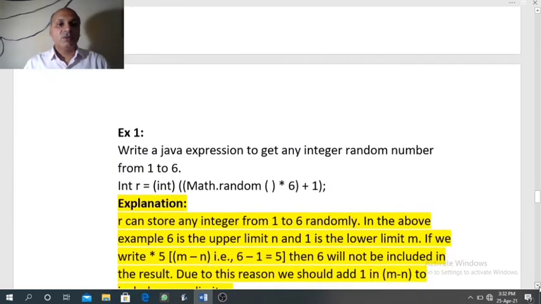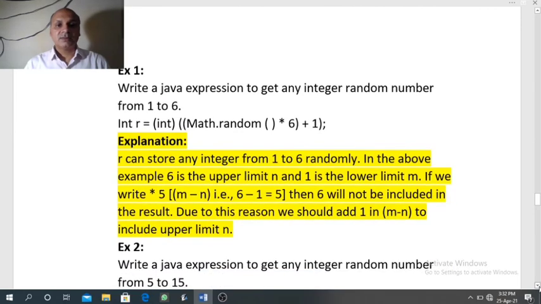In the game of Ludo you have noticed that a die has 6 options: 1, 2, 3, 4, 5, 6. When we throw a die, between these 6 options any one can appear. So we have the range from 1 to 6, but we cannot predict which number will appear after throwing the die.